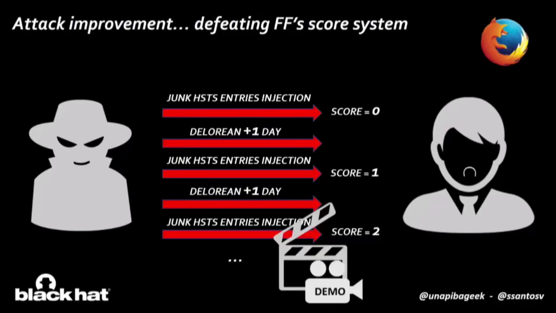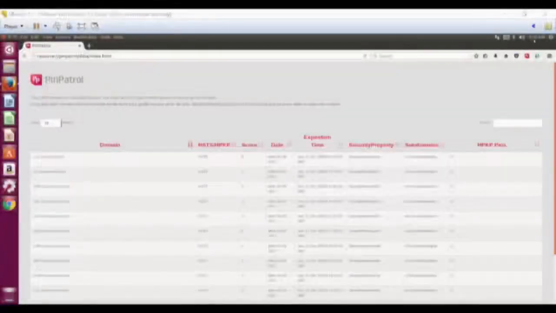So in the next demo, we will make this attack trying to raise the score of our own junk entries. So the good entries will have the lower score, and will be easier to be evicted or forgotten from your Firefox. Let's see the video.